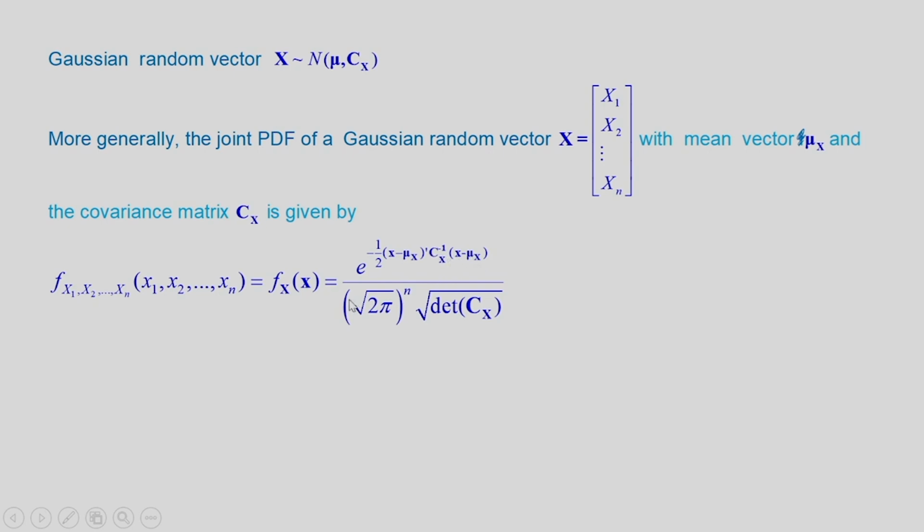And now the normalizing factor is root over 2 pi to the power n into determinant of the matrix Cx. Cx is a matrix and we can find the determinant of Cx. So, this is the joint Gaussian PDF of n random variables.